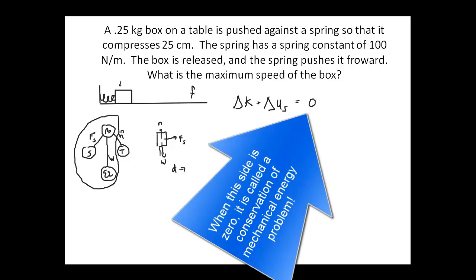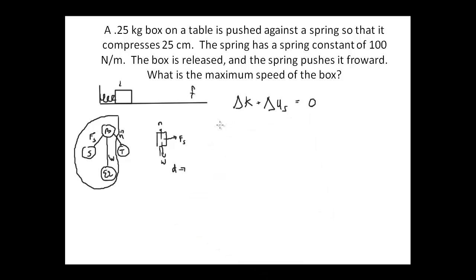So this is often referred to as a conservation of mechanical energy problem because no energy is actually going to enter or leave the system. So now we have Kf minus Ki plus the final spring energy minus the initial spring energy is equal to 0.